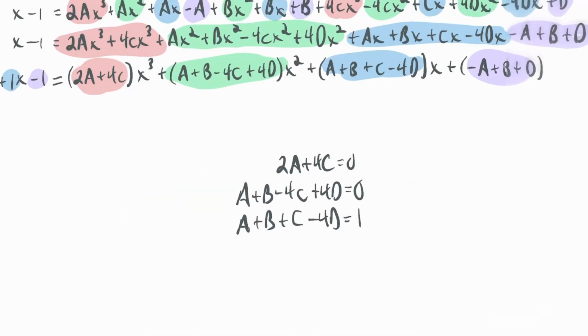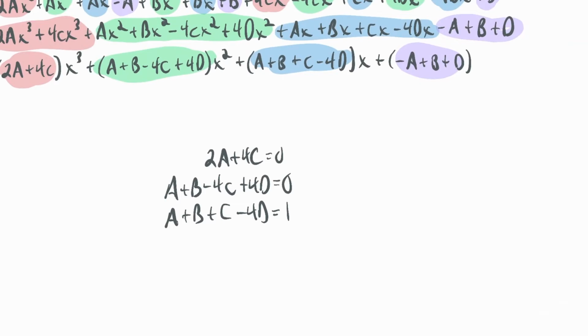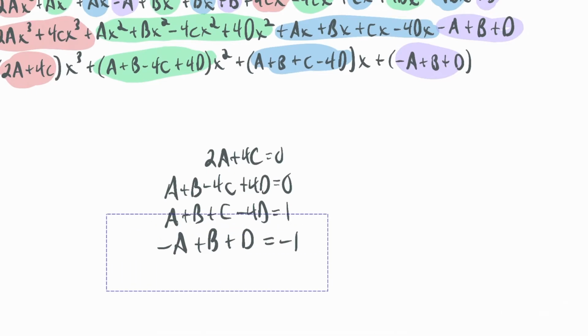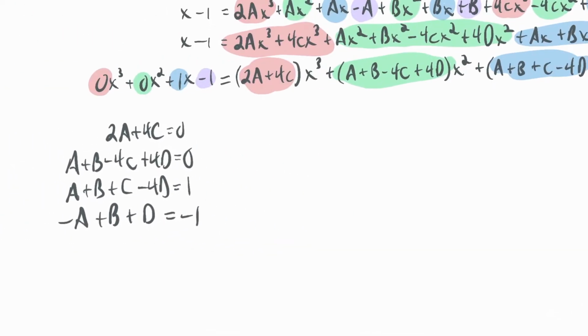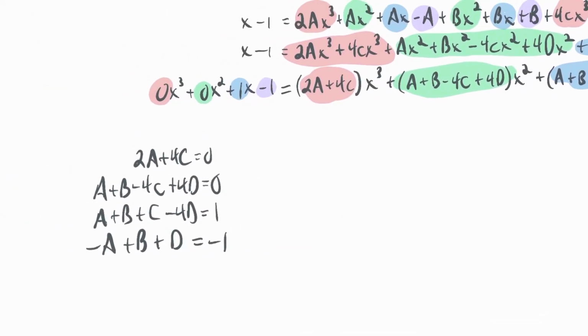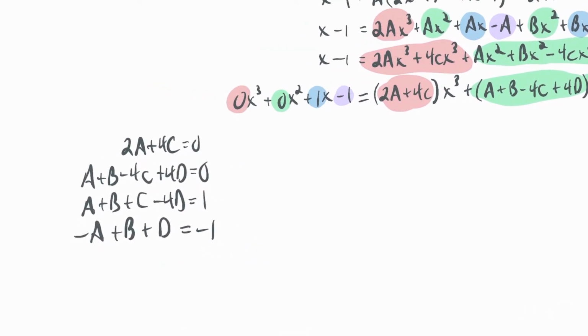And then negative a plus b plus d equals negative 1. Okay? So let's take this back over here. Yeah, that's probably fine. Right there. It's probably good. Okay. So I have a system of 4 equations and 4 variables. And basically we need to solve this system. And how complicated is that going to be? Well, I frankly don't know.